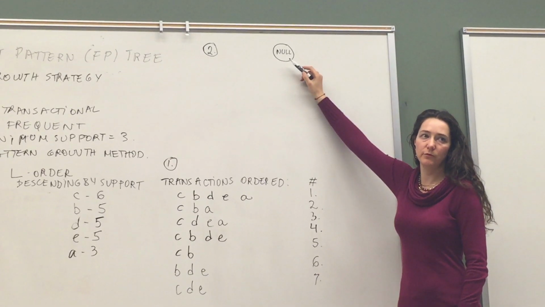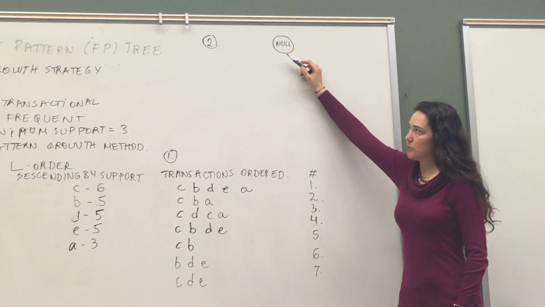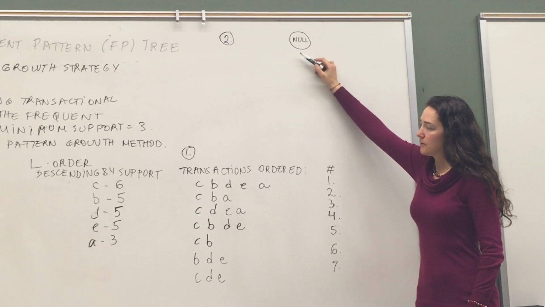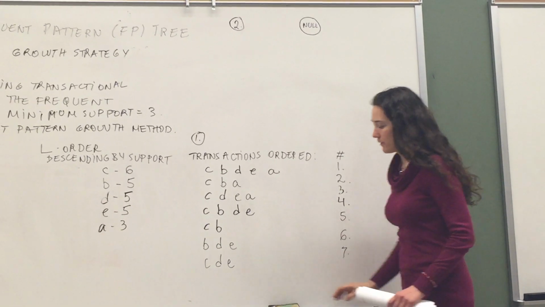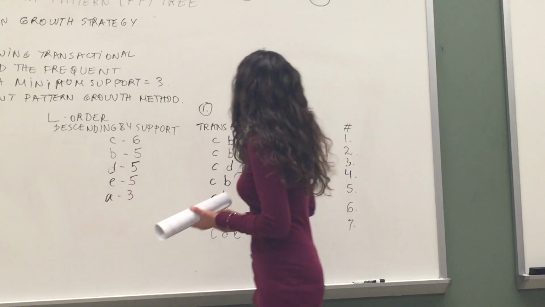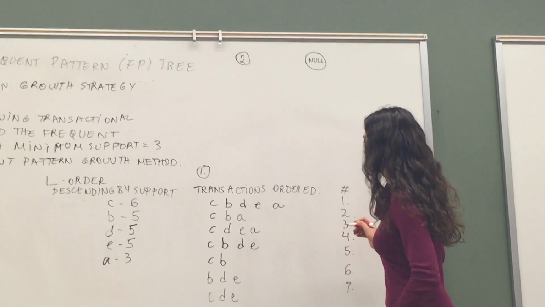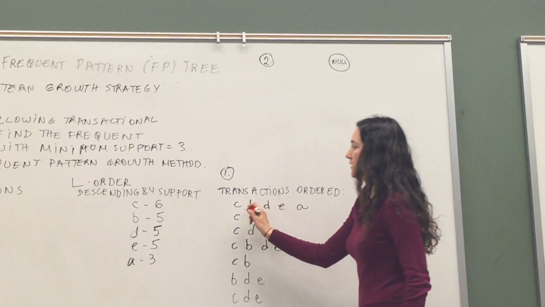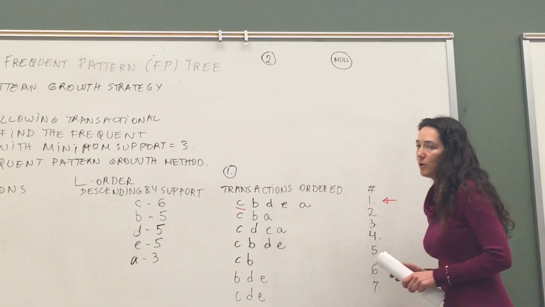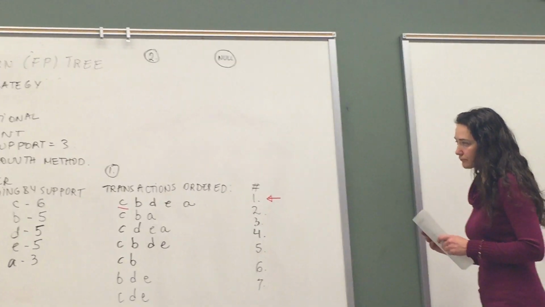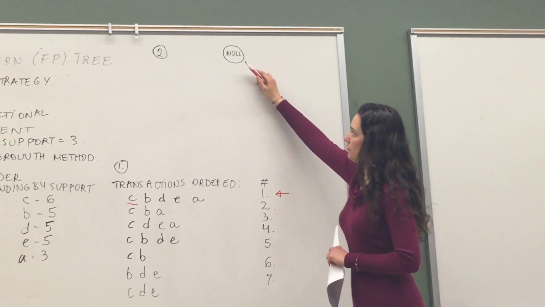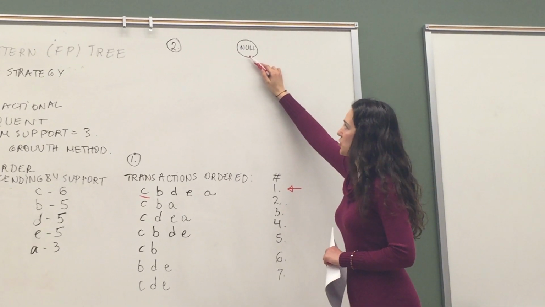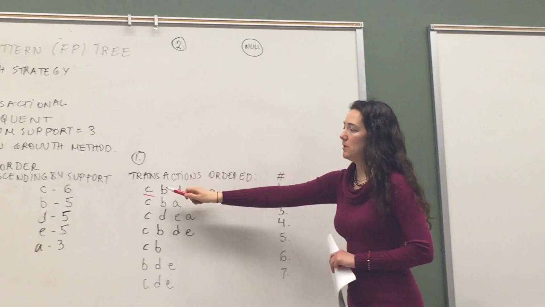We will start from the root, with the first item in our first transaction, which is C. Starting from the root, we see: does this node have a child node named C?